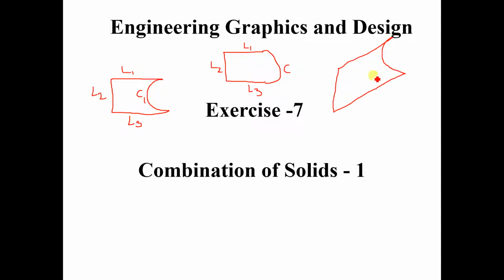Here the topology is matching: the L1 line vertex is connected with C1 and L2, L2 vertices are shared with L1 and L3, and the L3 line is connected with L2 and C1. So here topology is the same, but geometry differs.